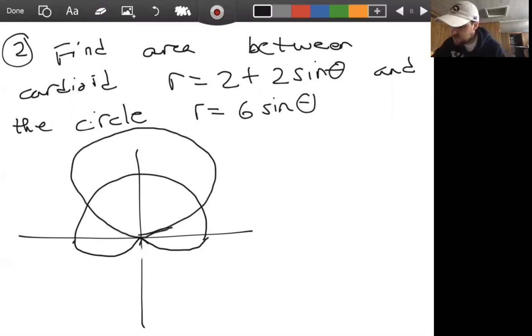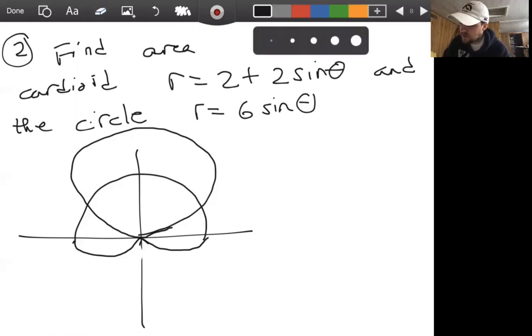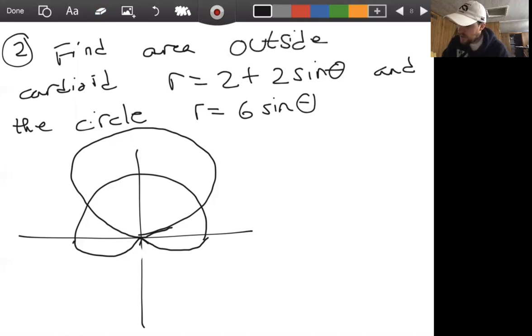Once you graph these, we want the area between the cardioid and the circle r equals 6 sine theta. So my wording is a little misleading here. Let's say the area outside the cardioid and inside the circle.